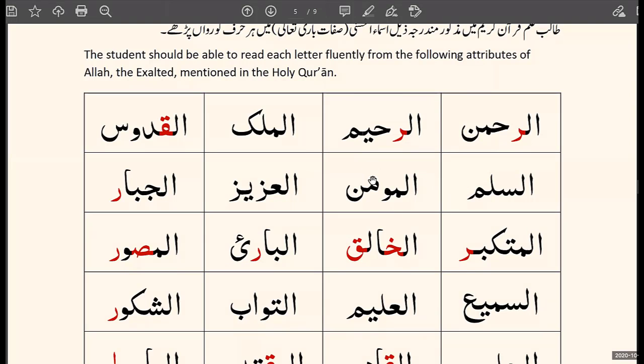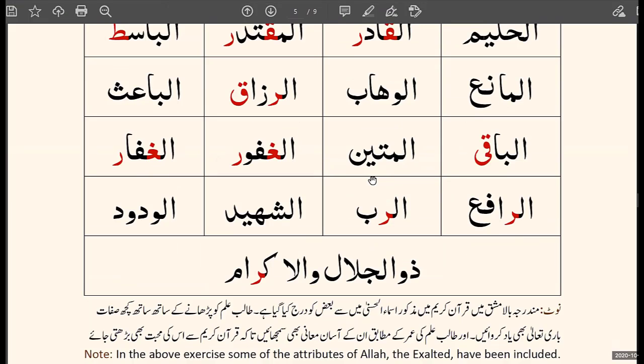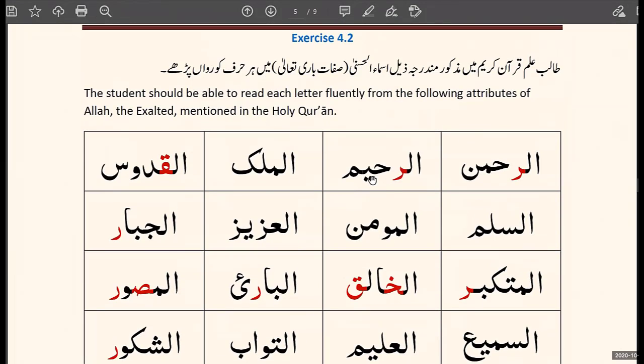We will do at least 2-3 lines today, and inshallah complete it in the next lesson. The very first attribute of Allah, the most gracious, is used first in the Holy Quran after the proper name Allah. Ar-Rahman, the most gracious.